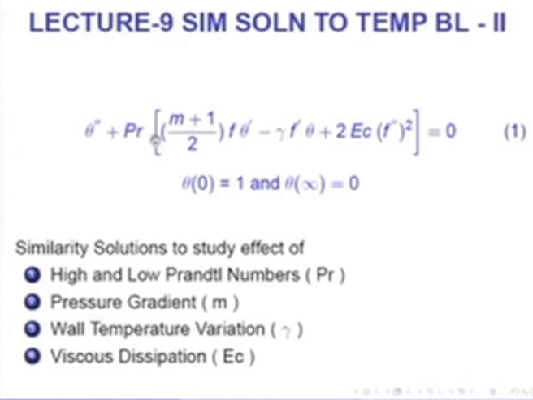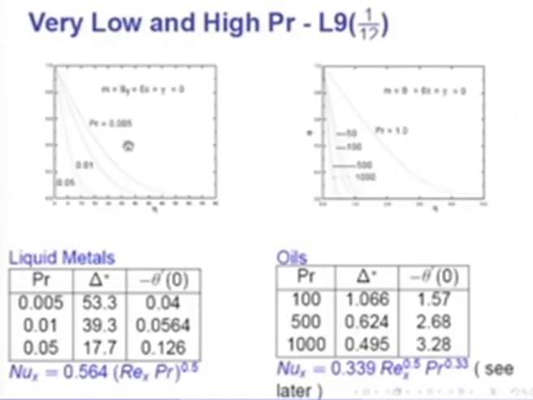Now, I want to look at the effect of very high and very low Prandtl numbers. And this is what you see for liquid metals. The value of eta at 0.005, which is a very low Prandtl number, the value of theta max or the value of delta star is nearly 53.3, whereas for Prandtl number equal to 1, it was 4.92, as you remember.